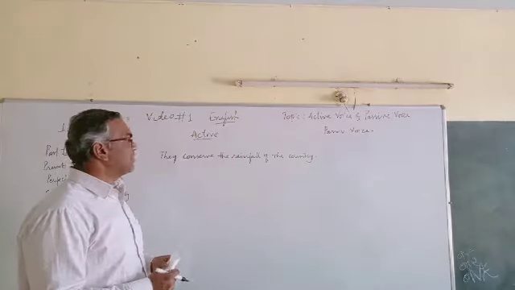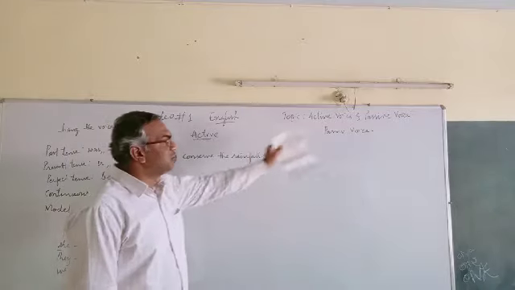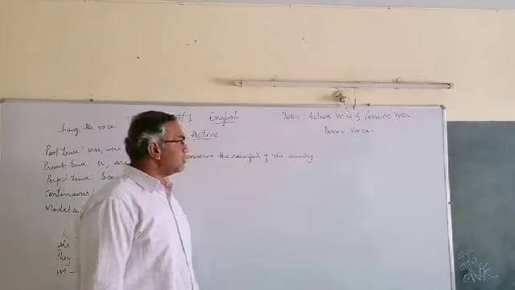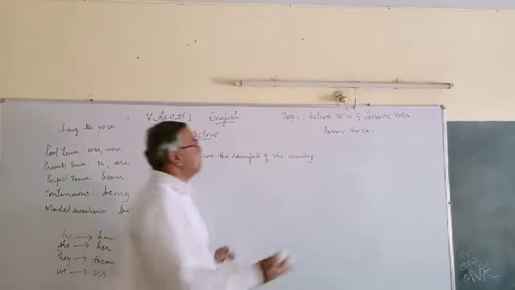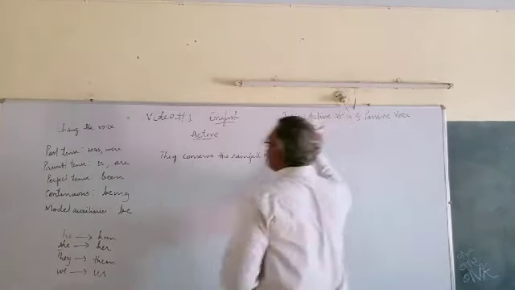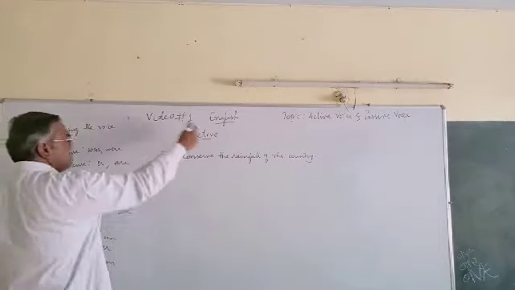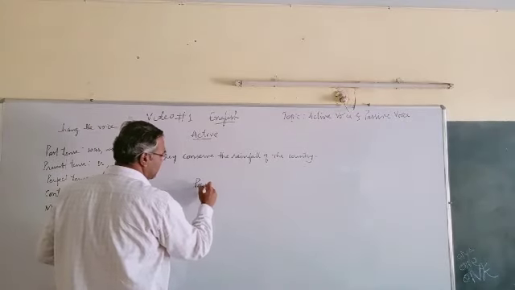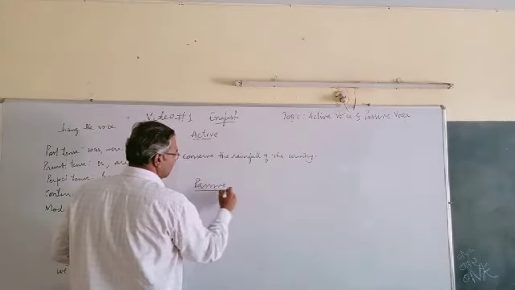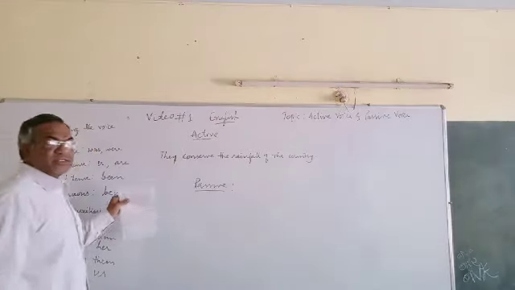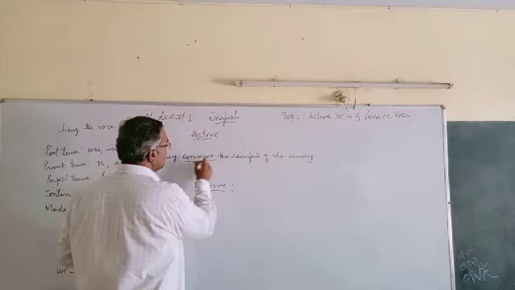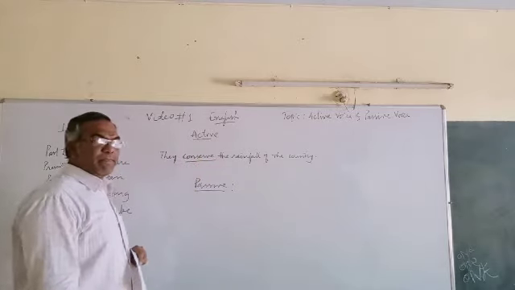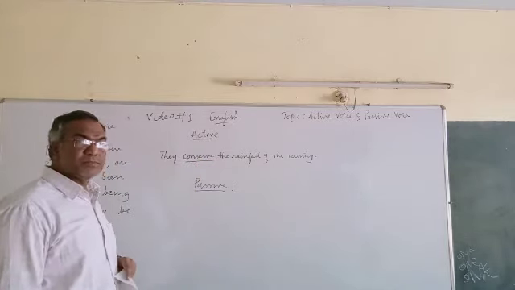This is an active voice sentence and we have to change it into passive voice. Let me write passive voice here. This is active, and we'll write passive here. They conserve. Now here, conserve is the action, and it is in present form.